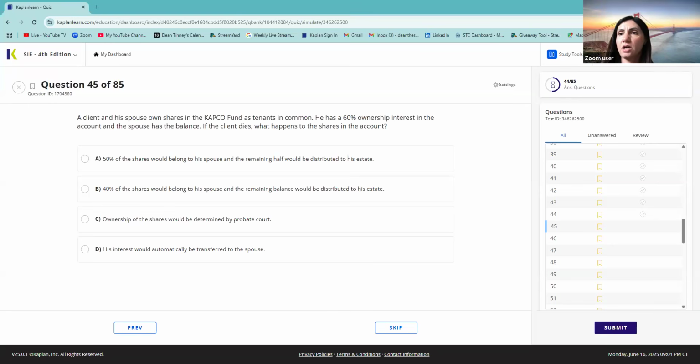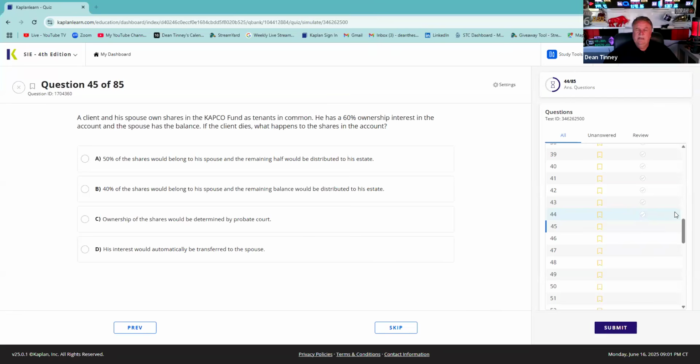Okay, so tenants in common. He has 60% ownership interest in the account and the spouse has the balance. Does the ownership percentage matter? It's tenants in common anyway. Very testable: with tenants in common, the decedent's share goes to their estate or beneficiary.